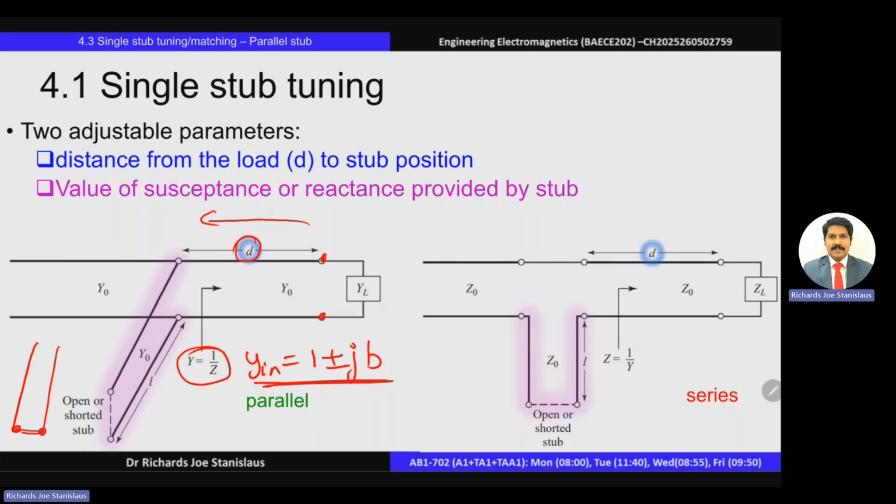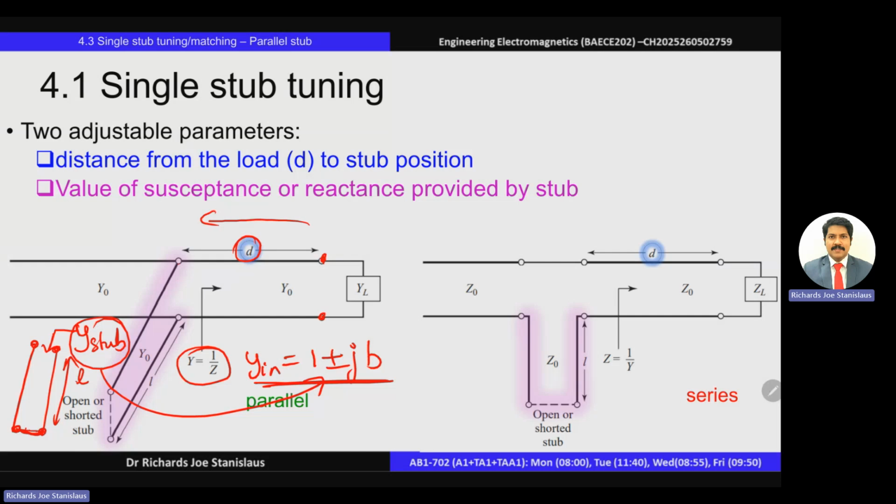That stub's length will be tuned in such a way that it produces an input admittance of the stub, Y stub, that would effectively cancel out the imaginary part, the susceptance, of our Y-in value, right?